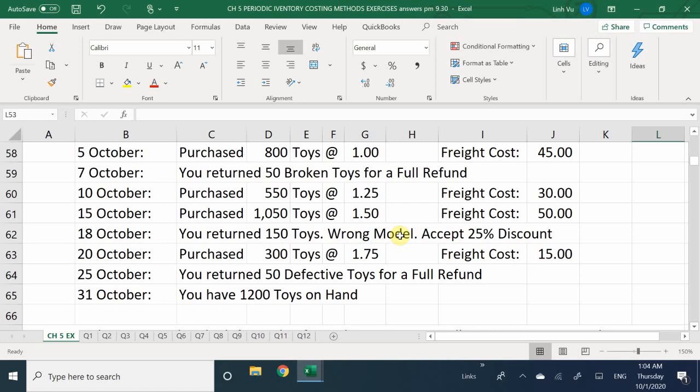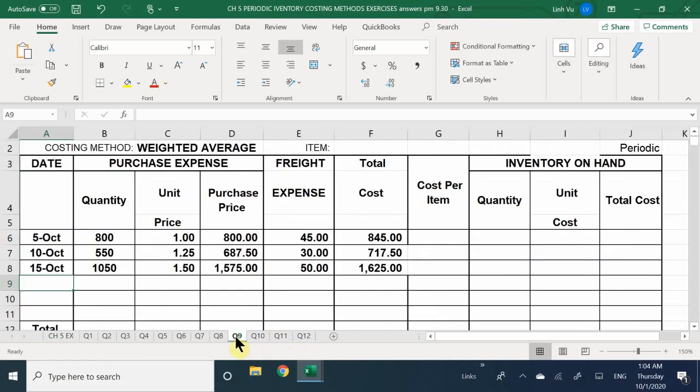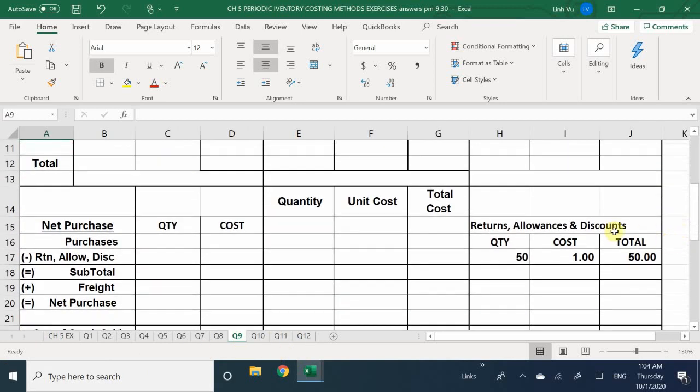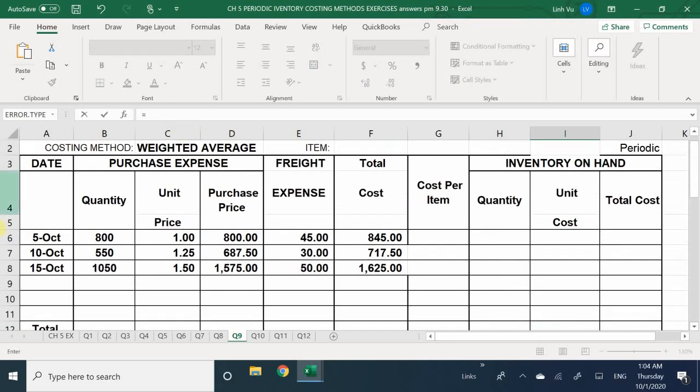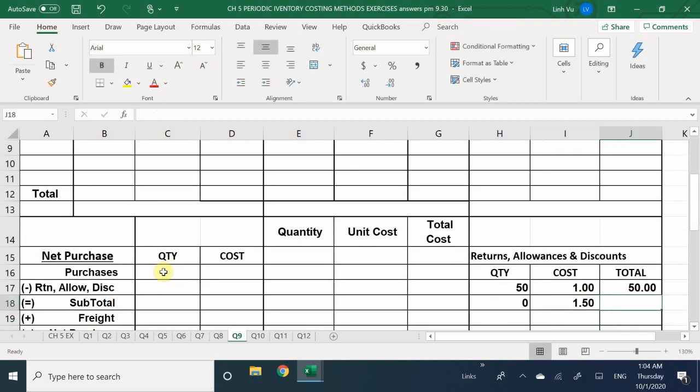So here we're going to keep the items. We know from this batch that we originally bought it for $1.50 each, and we're going to get a 25% discount.